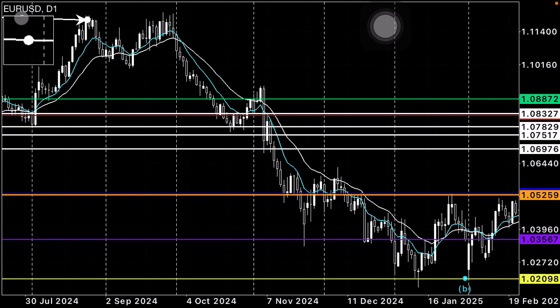It's also a 5-wave pattern on the daily here. 1, 2, 3, 4, 5. It was a failed 5.